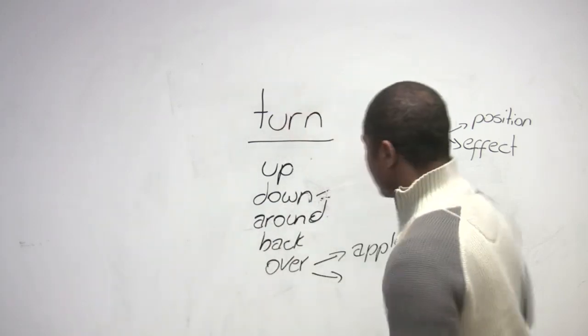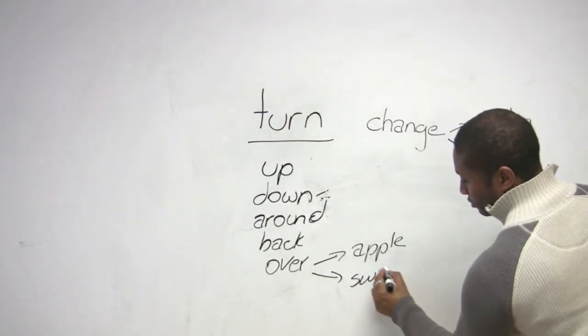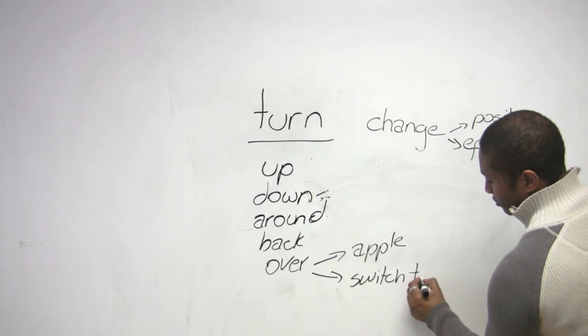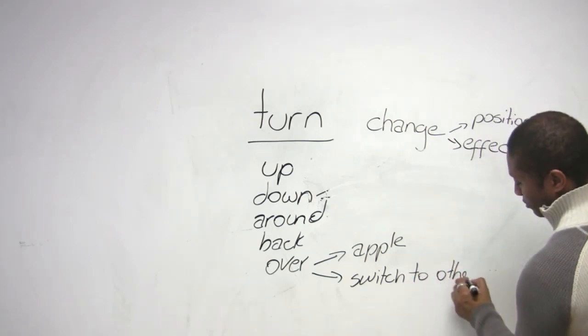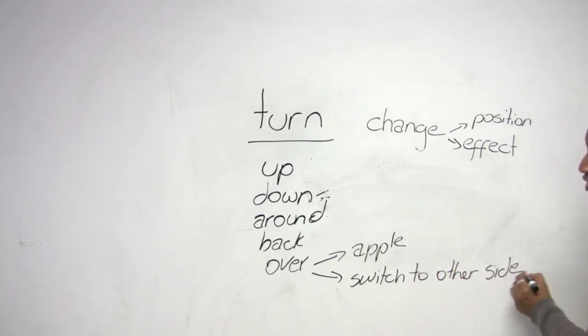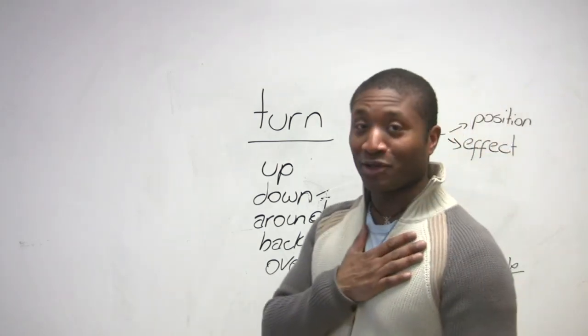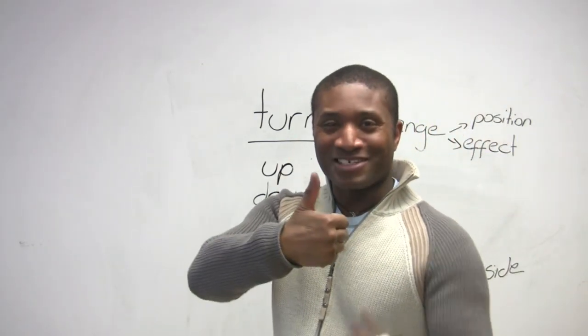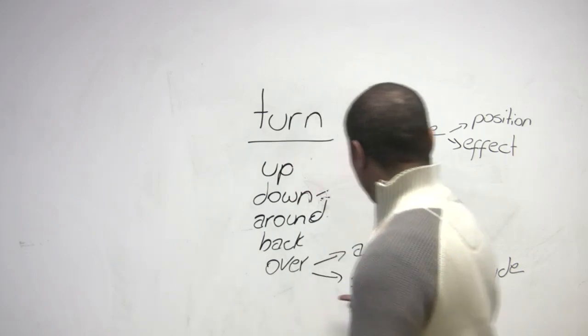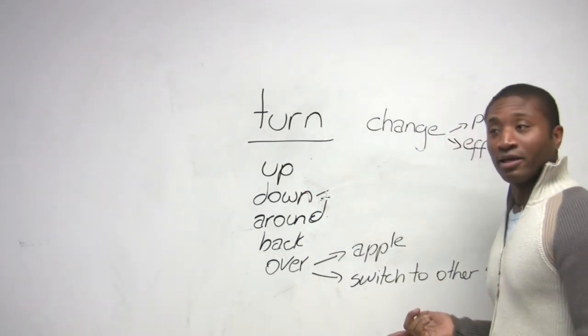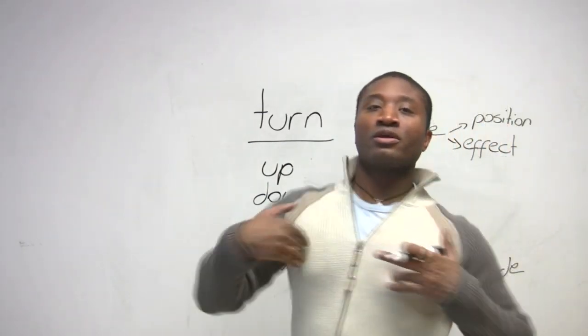Switch sides. So to switch to the other side. Okay. So look, we've got apple turnover. That's my favorite. Go to McDonald's. I'm promoting you, McDonald's. Send me free apple pie. Okay. And to switch to the other side. Okay. And it's usually you change your location from one to the other one.